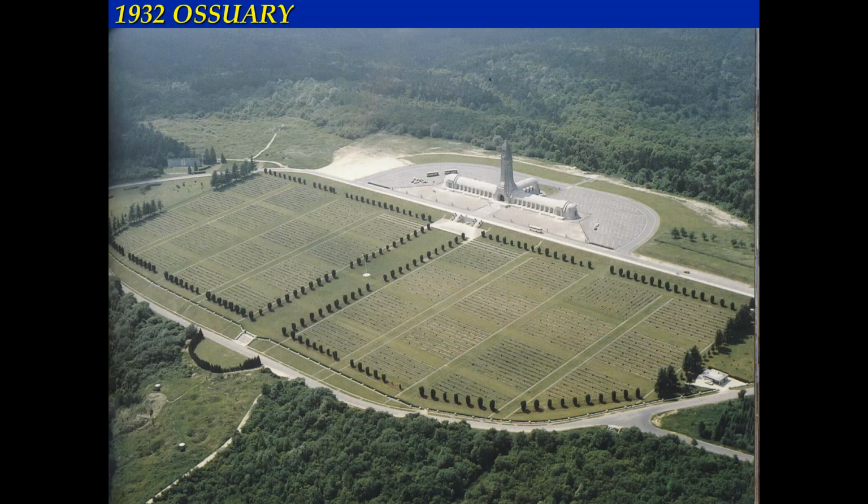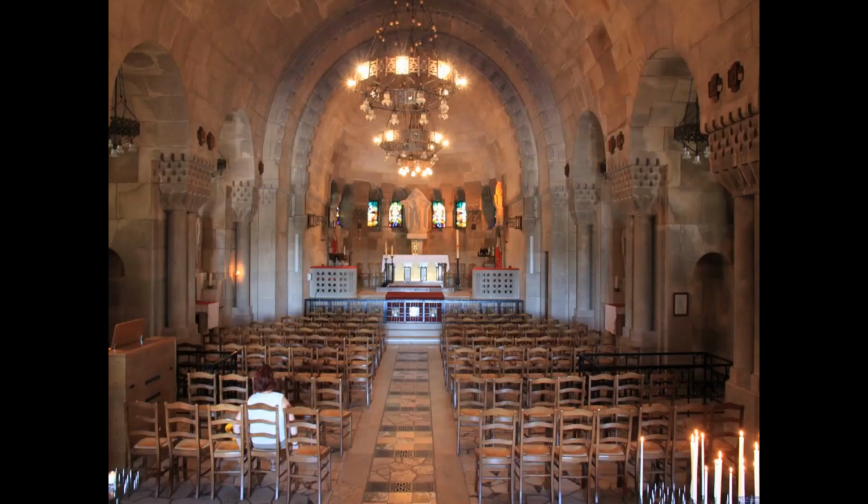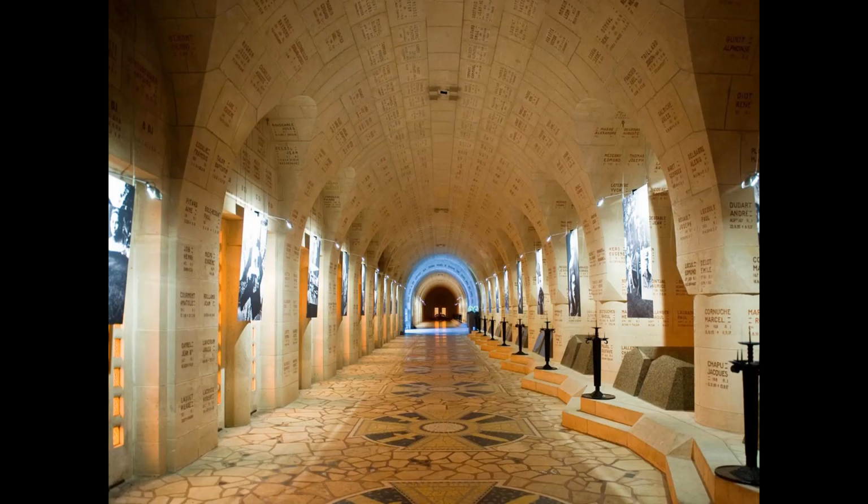This is an aerial view of it, 1932. And this is a ground level view of it today. And then when you go inside, it is eerie to say the least. Here is the chapel, and then here is a hallway. And this hallway has nooks for each of the areas of the battlefield. And in each of those sections, they have piled underneath them the bones from that particular section of the battlefield.